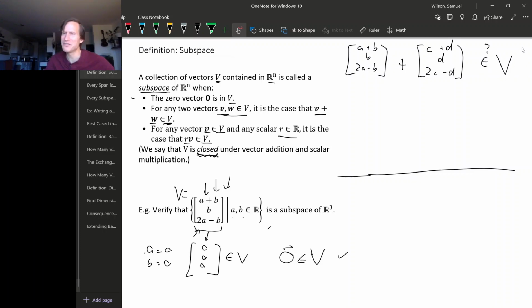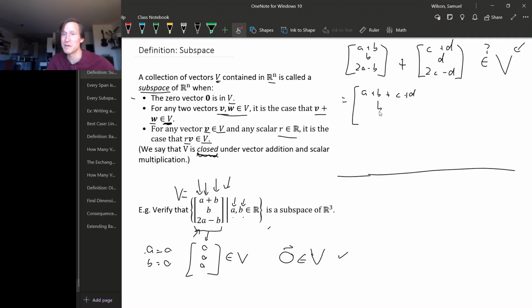How can we tell if a vector is in capital V? To know if a vector is in capital V, we have to know if we can write it in this form for some real number A and some real number B. Let's add these things together and see what we get. Just doing the vector arithmetic, we get A plus B plus C plus D for the first entry.